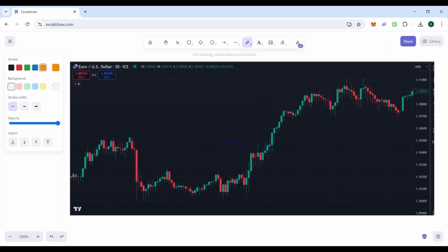So I will only switch over to the footprint chart when price is approaching my point of interest.